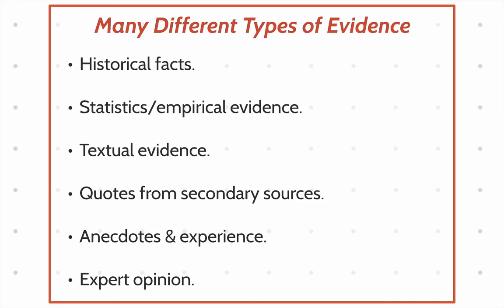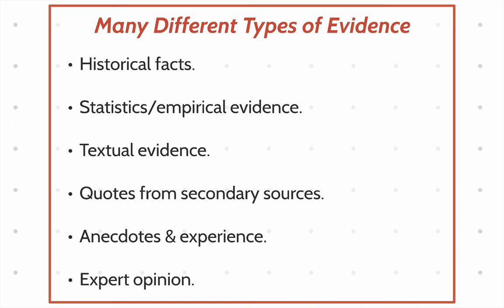You could be making some sort of claim about change in family structure, or change in societal trends over time. In order to do that, you're going to be making reference to some period in history and comparing it to the contemporary period. So a historical fact would be an example of evidence that you could include in your writing.